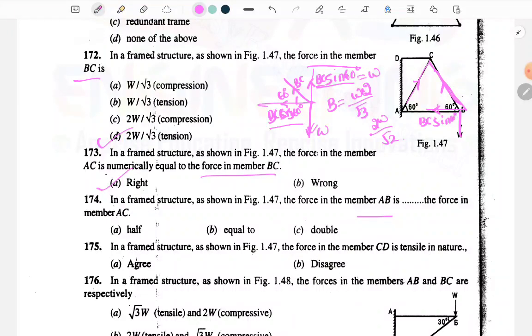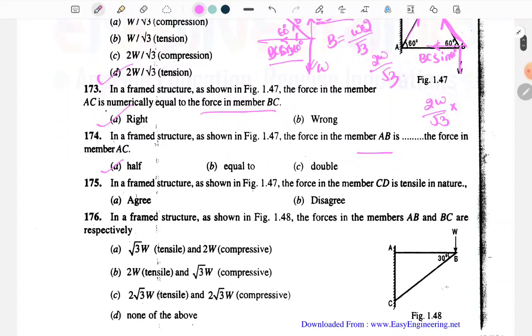BC we already got, that is 2W by root 3, and into sin 60, which is root 3 by 2. So the force is W. 174 is A. It is half.